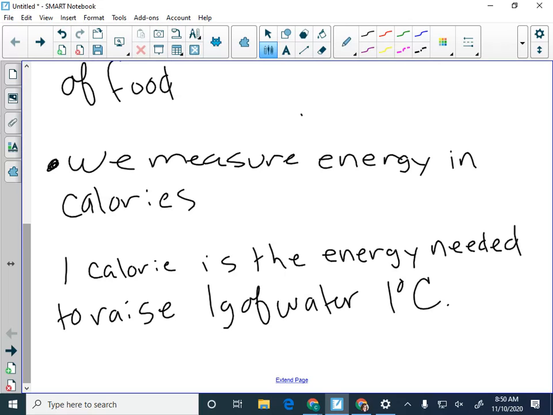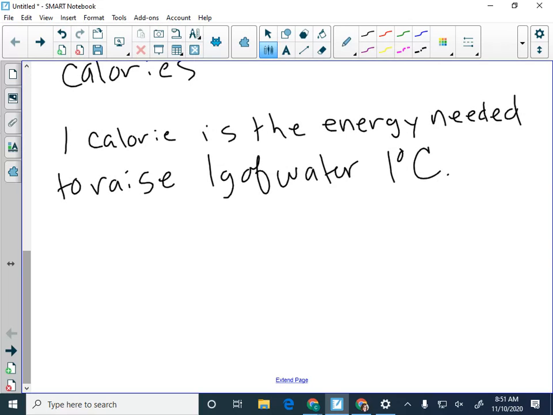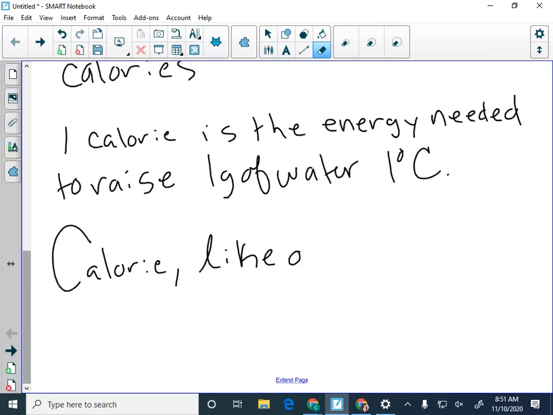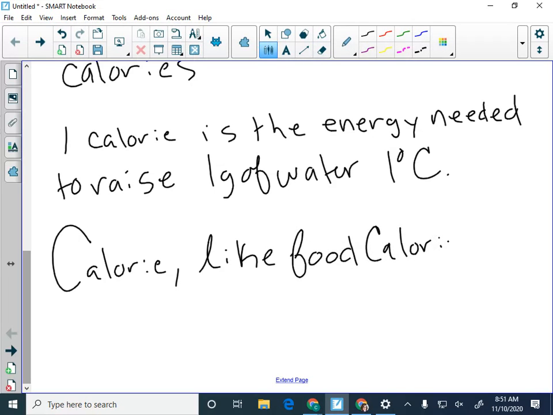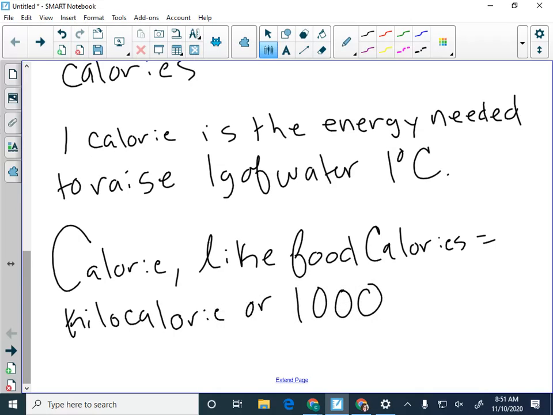Now, big C Calorie, like the food calories that you see on nutritional labels, is actually a kilocalorie, or 1,000 lowercase calories.